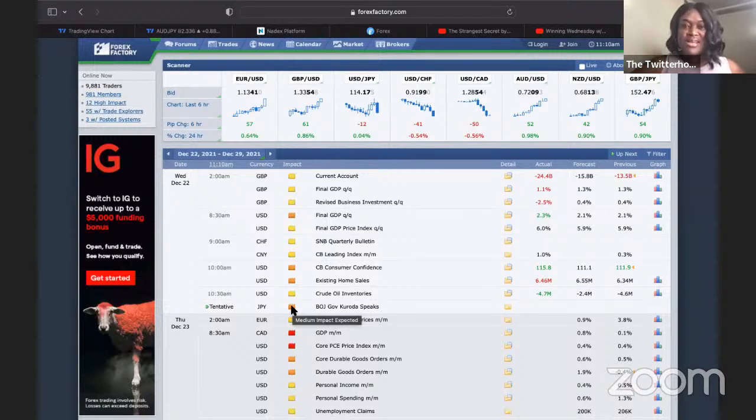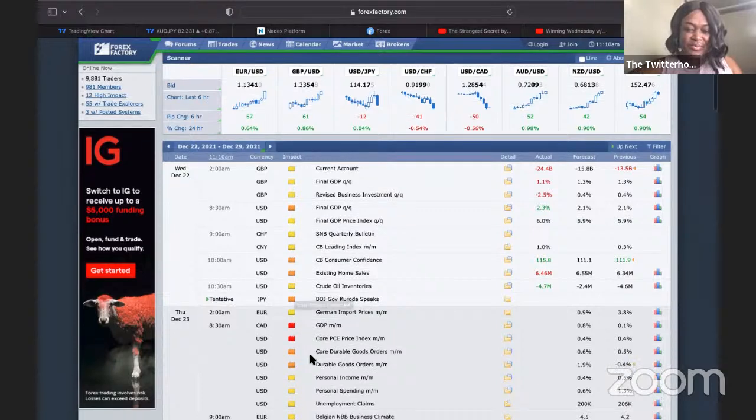Orange folder, that's medium impact. So remember I said you do 1% per trade. Well, if it's an orange folder, I'm going to drop that down from 1% to half a percent. And for the yellow folder, typically I haven't really noticed an impact per se, so it really won't be a deterrent. There's one other folder, the gray folder, that's when there's a bank holiday.